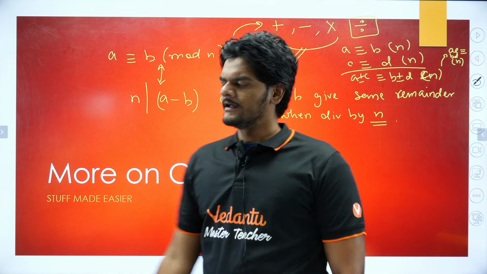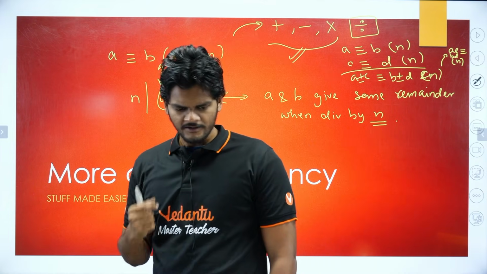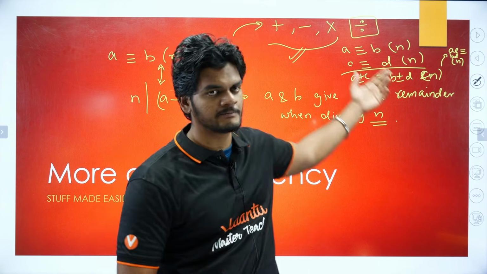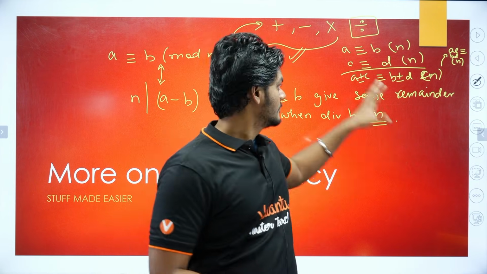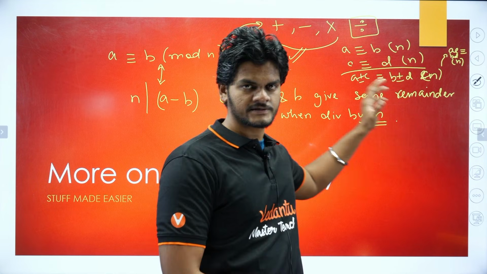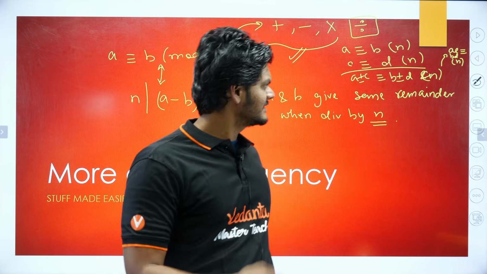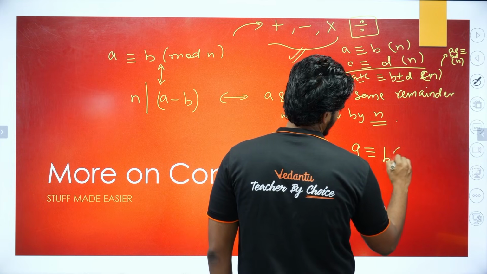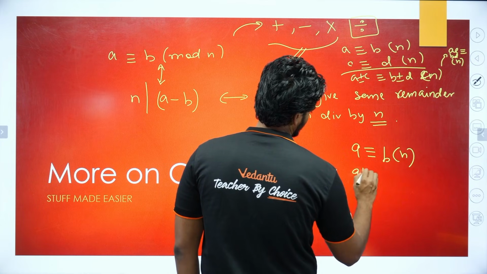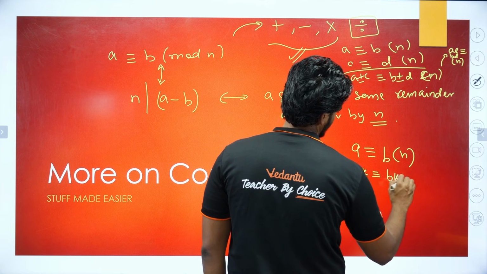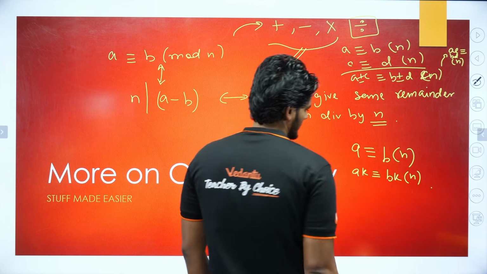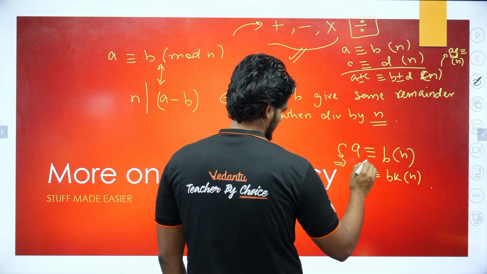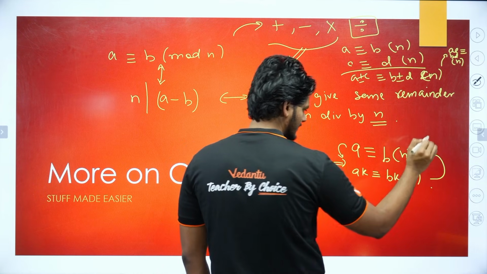Now today we are going to expand a little bit on that. We also said that a constant could be multiplied, which is not in the modulo n part. A constant can be multiplied from outside, and even that satisfies everything. So if A is congruent to B mod n, then AK will be congruent to BK. But can we go from here back to here?